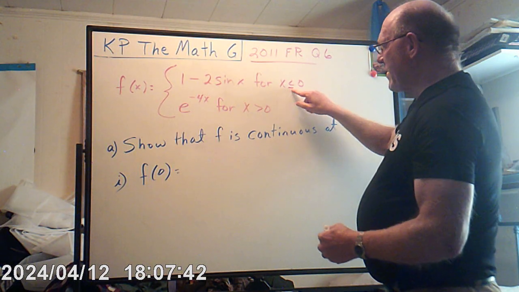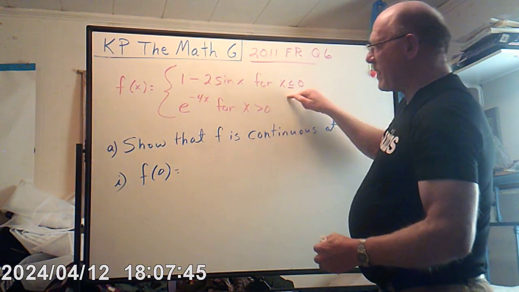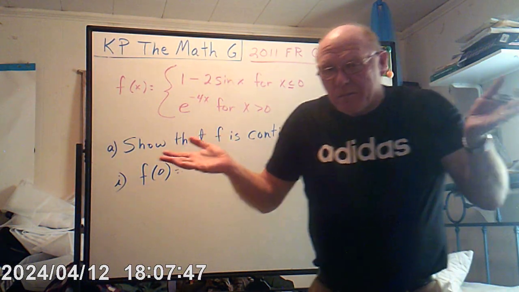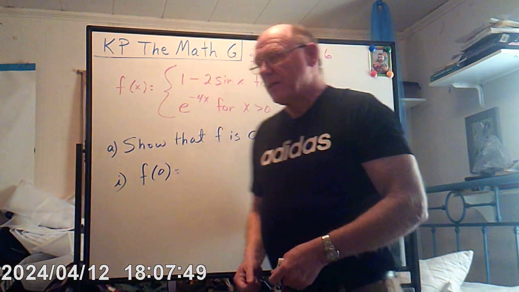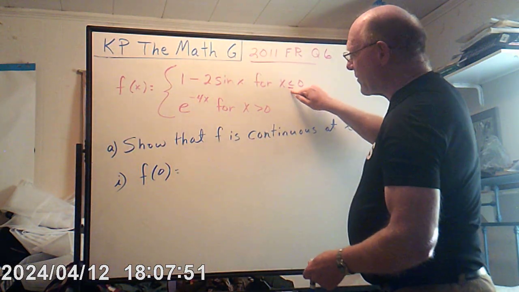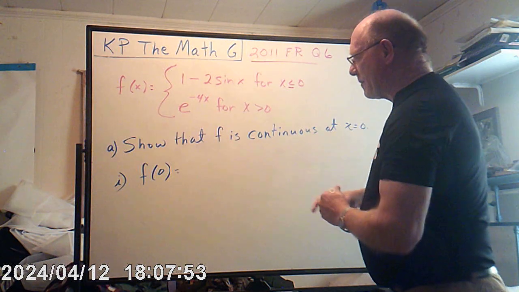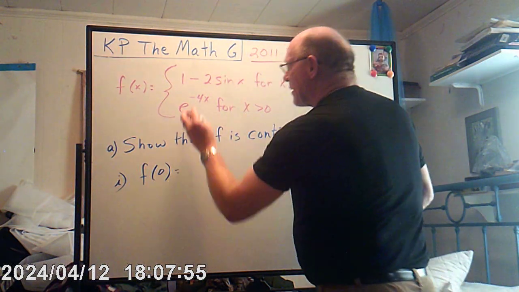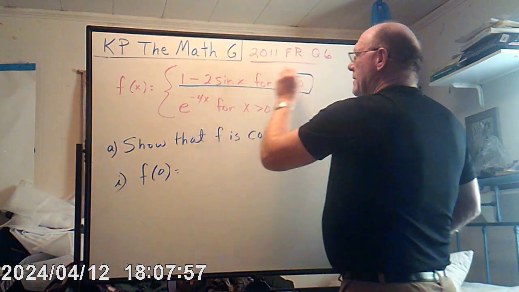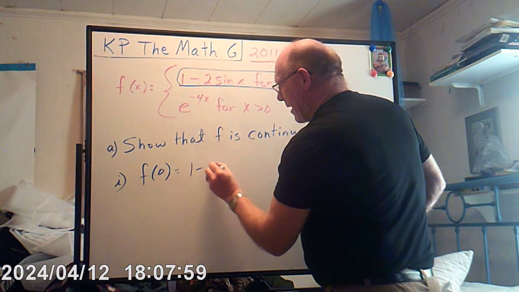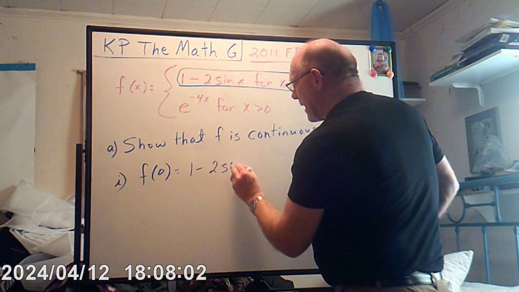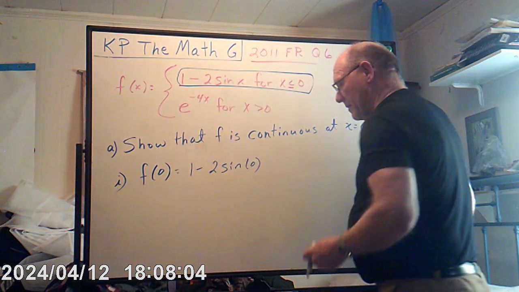You look for the equal. You don't have to deal with both of these. Okay? You're taking a timed test. So you don't have to deal with both of these. Look for the one that says equal to, and that's going to be this one right here. Okay, so 1 minus 2 sine of 0.